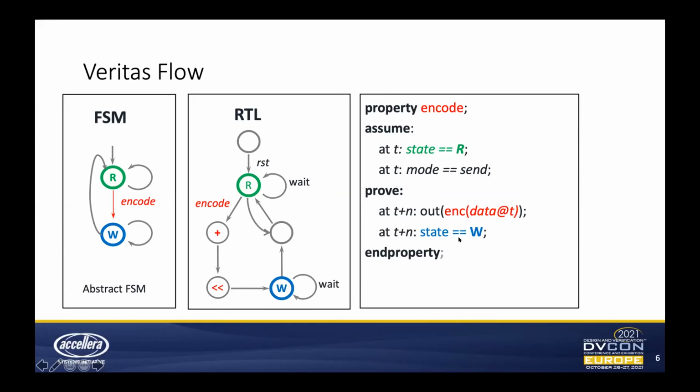And we want to prove that we are in a correct ending state. If that is the case, the property will hold, and we know that the design behaves as described by the functional spec. But we also already see here that as soon as you want to start proving a property, we need to provide a value for n. So we need to know how many clock cycles it should take to go from R to W.